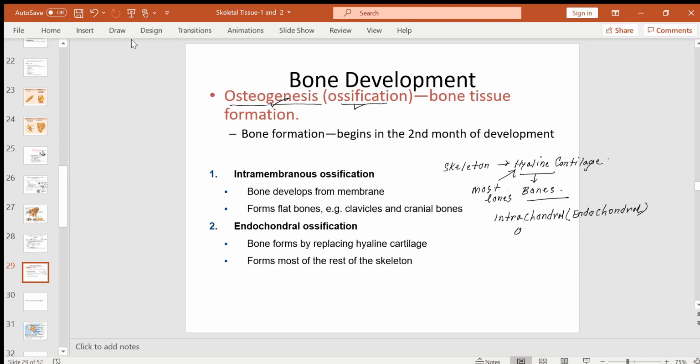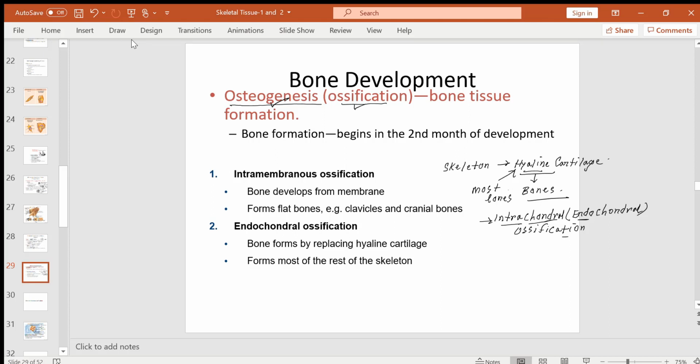Intrachondral ossification or bone formation from the cartilage. You know chondro means cartilage, right? So intrachondral means from inside the cartilage. Same thing, endochondral, inside the cartilage. So which cartilage? Hyaline cartilage of the fetal skeleton. So most of the bones are formed this way.